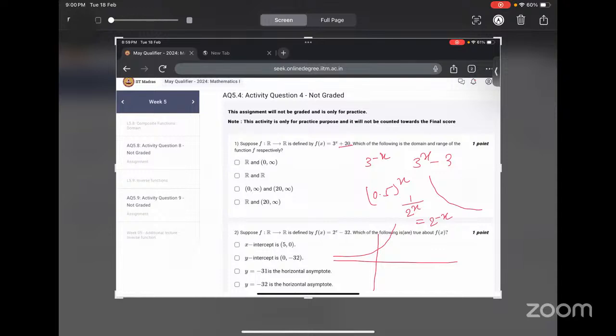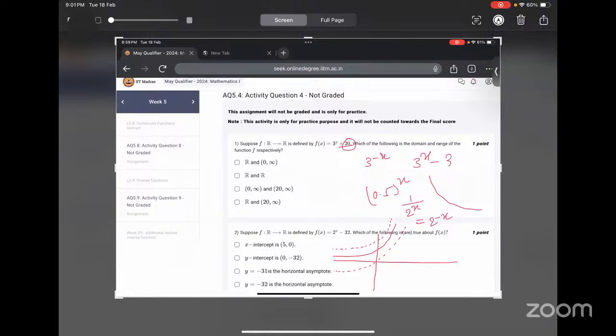If you are adding some positive number, it will shift in the upward direction by the constant units. And if you are subtracting some number, it will shift in the downward direction. Basically you have the same figure.